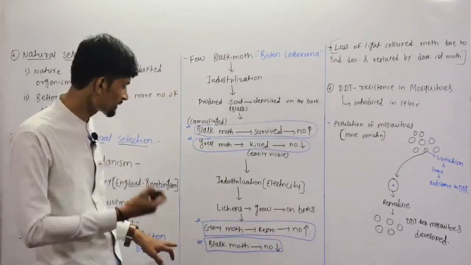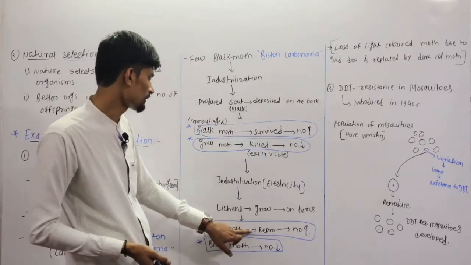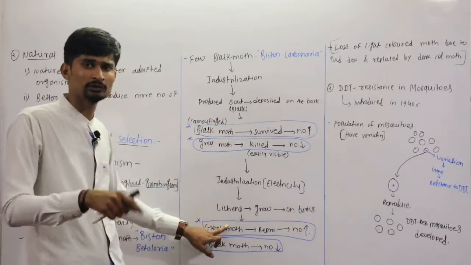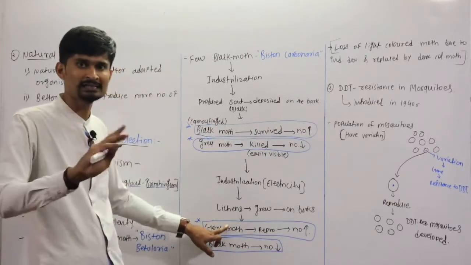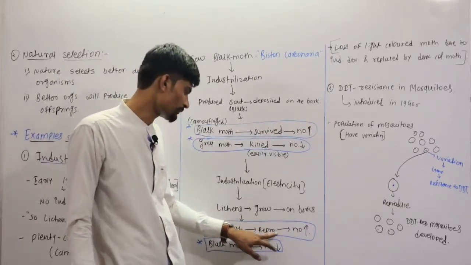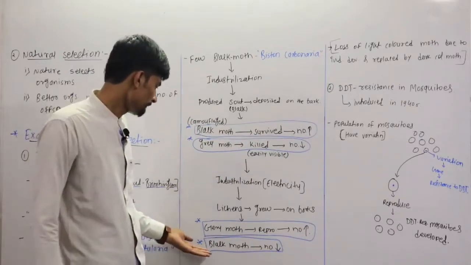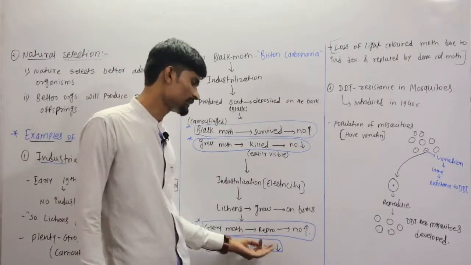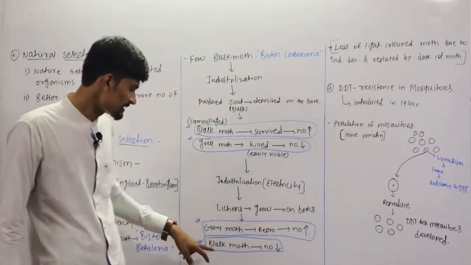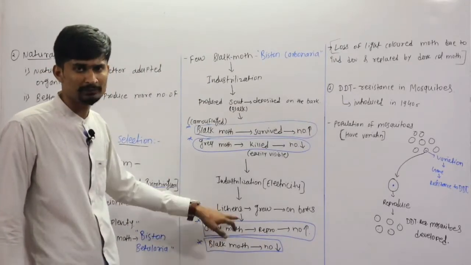Due to this, the grey color moth is again easily camouflaged due to the lichens because the color is the same, and that's why they reproduce and again increase their number, and the black moth again starts to decrease in number because it is easily visible now due to the presence of lichen.